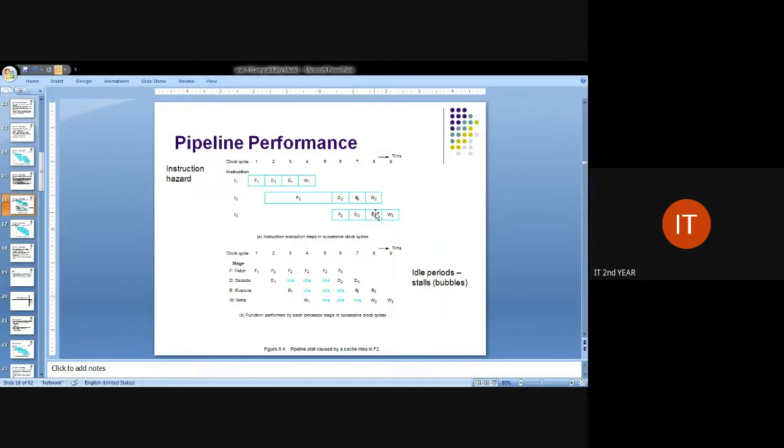But here you can see that these three instructions take 9 clock cycles. Where it gets distracted is that the fetching operation gets stalled for a period of time. When the second instruction gets stalled, the same will be reflected in the upcoming instructions also.